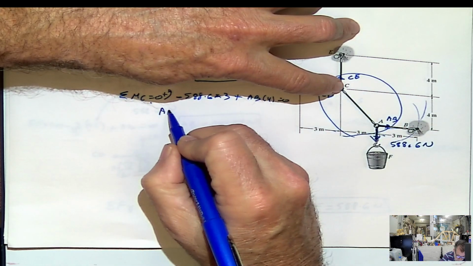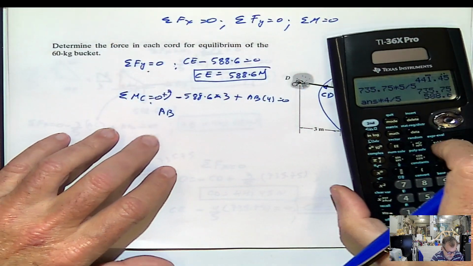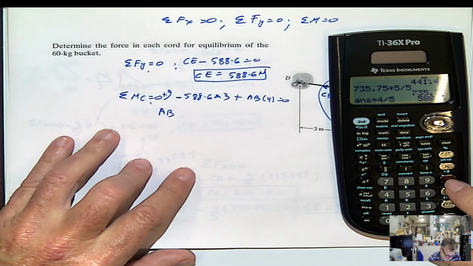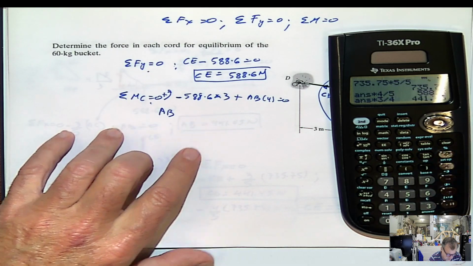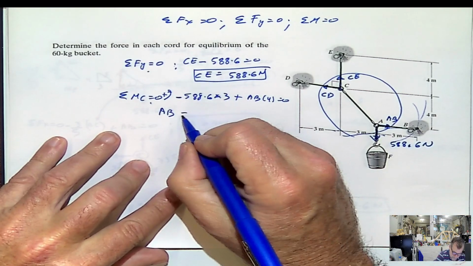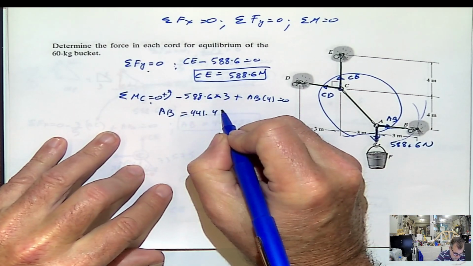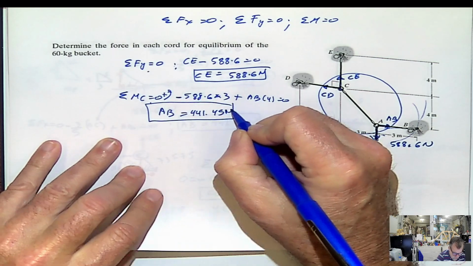And I could solve for AB, and AB will be basically this times 3 divided by 4, and that will be 441.45 Newton.